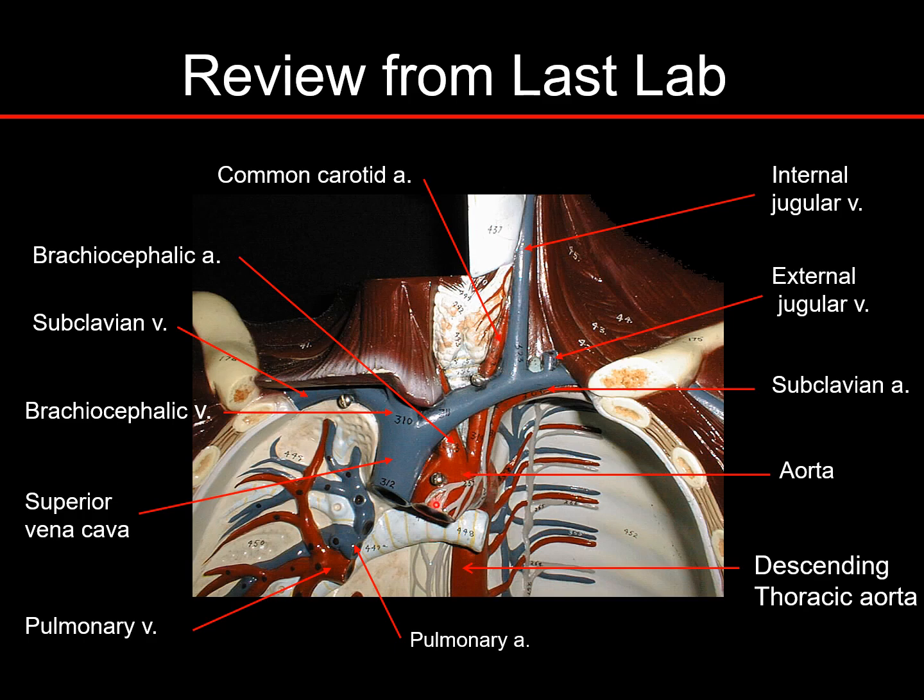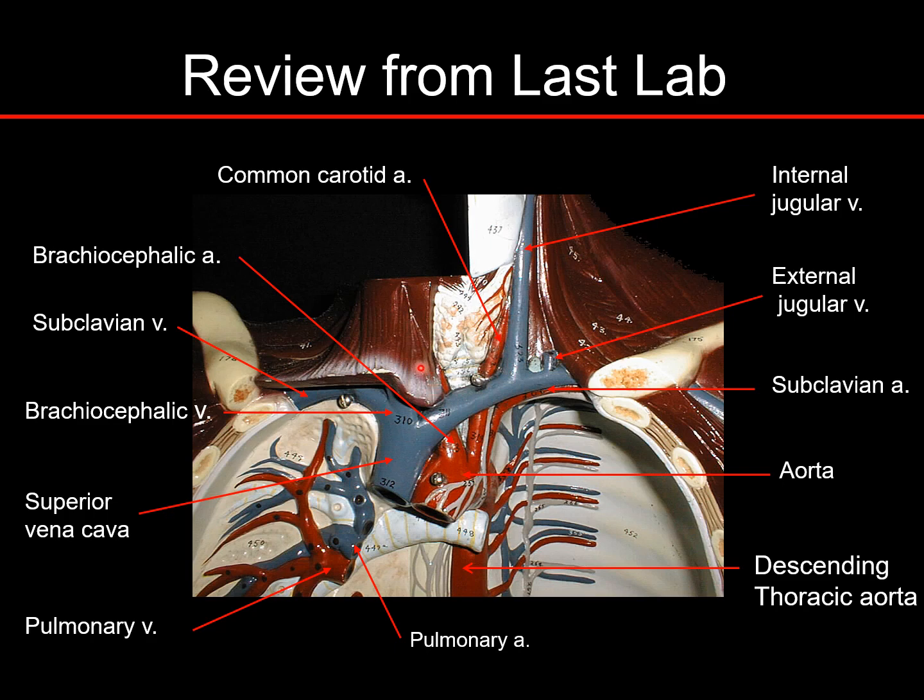It's going to go into the ascending aorta, aortic arch, and then the descending or thoracic aorta down the backside, near the spinal cord. And then we talked about those 3 branches that come off the aorta. Our first branch is the brachiocephalic trunk, or brachiocephalic artery.